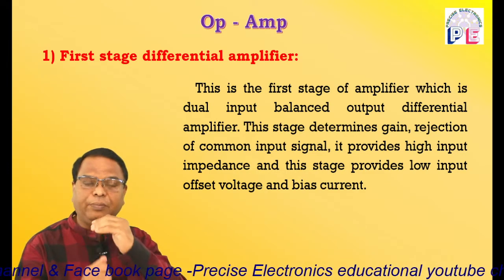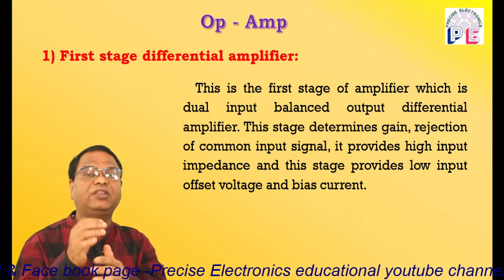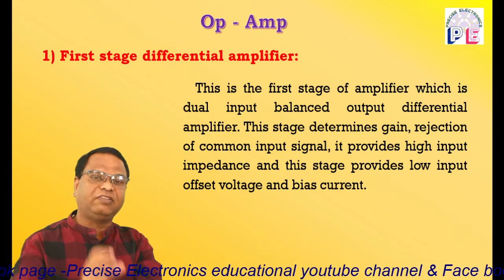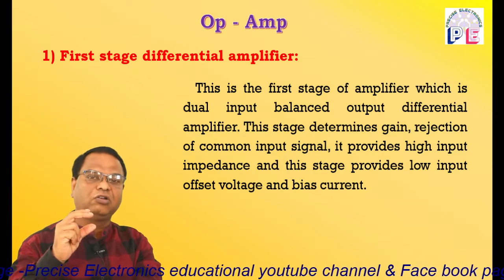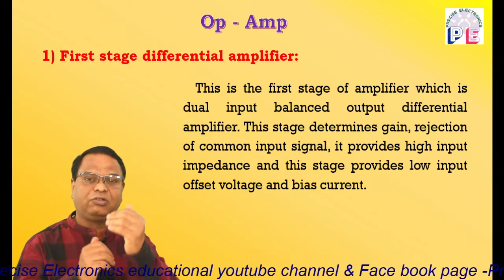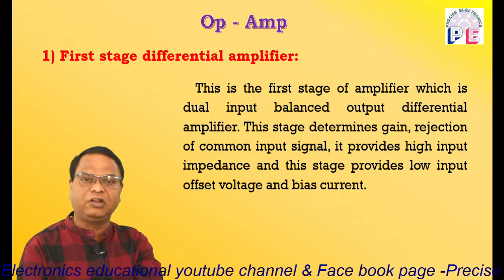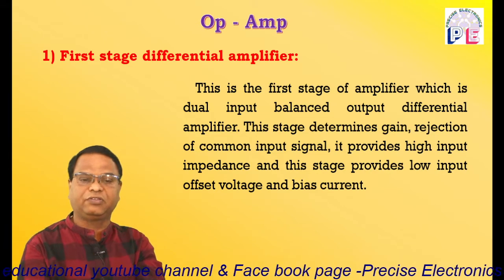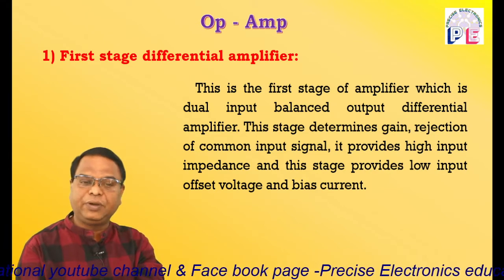This amplifier provides high input impedance. What is the advantage of high input impedance? As it has a high input impedance, if there is a small variation in the input signal, this signal can be easily amplified because of the high impedance. So it provides high input impedance.